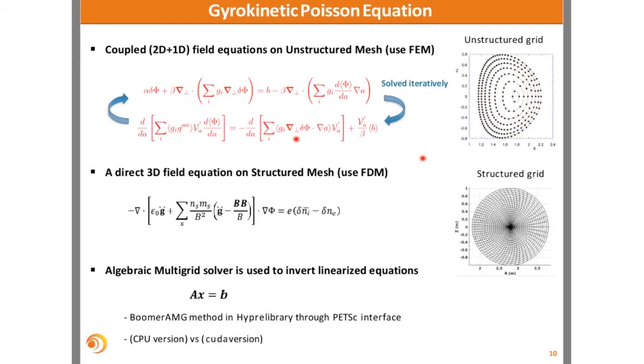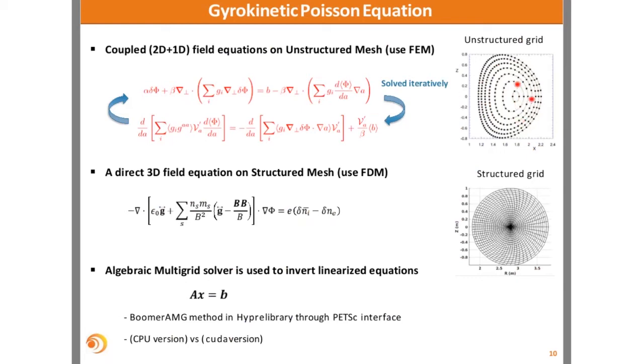So for the field solver, we have two types of numerical modeling for the same equation. The first one is the original way, in which we solve these coupled two equations on an unstructured grid.